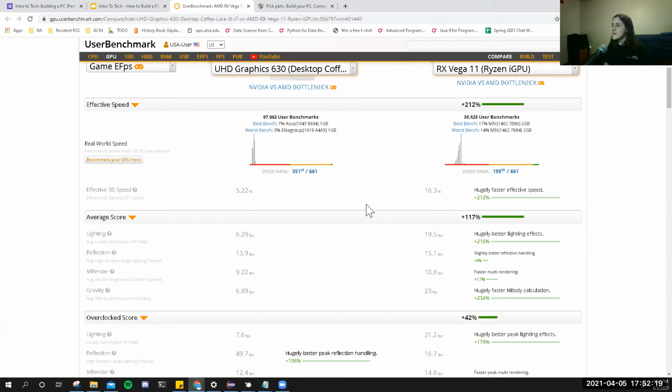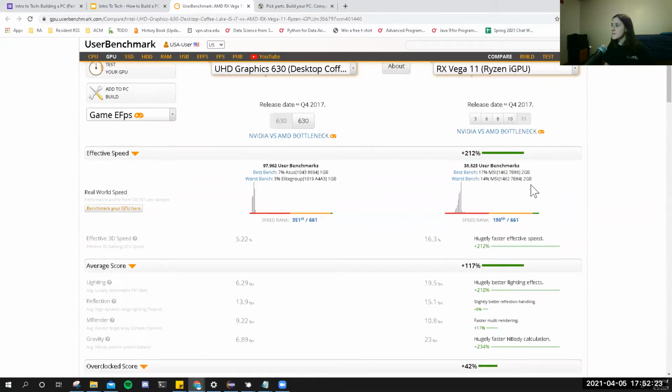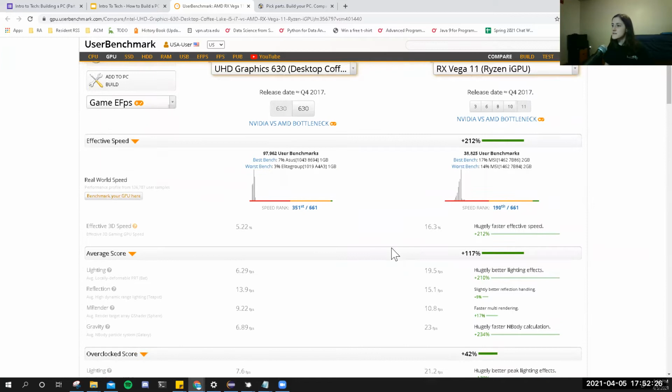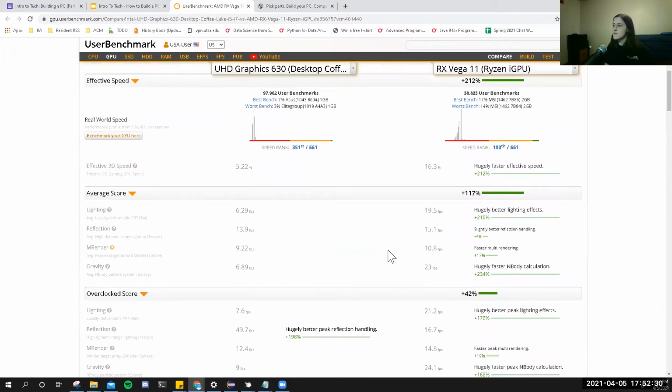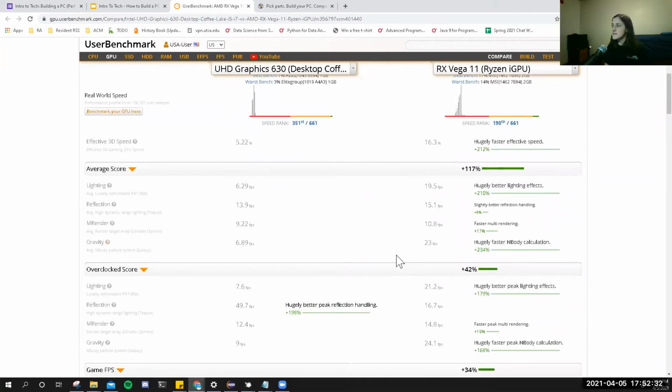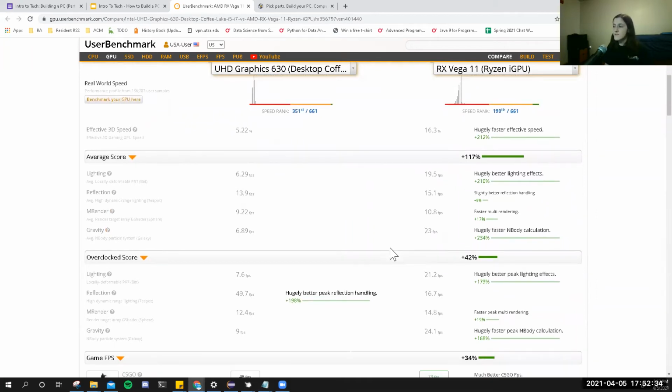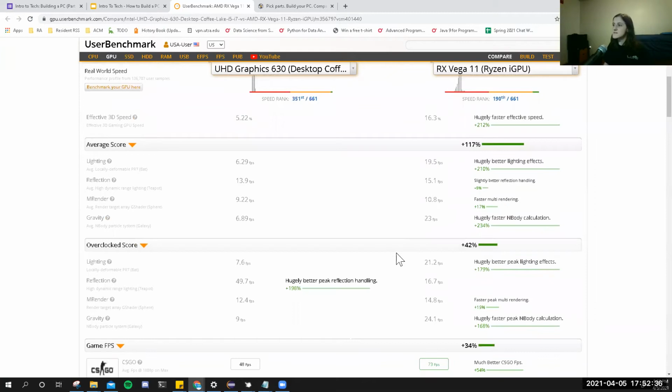But according to the site, the graphics for AMD are much better than Intel. And that's something that you can cross-check online. You can go ahead and search up these two different products, and then also search up the companies and see their comparison. But largely, the conclusion is that graphics are going to be better on Ryzen.